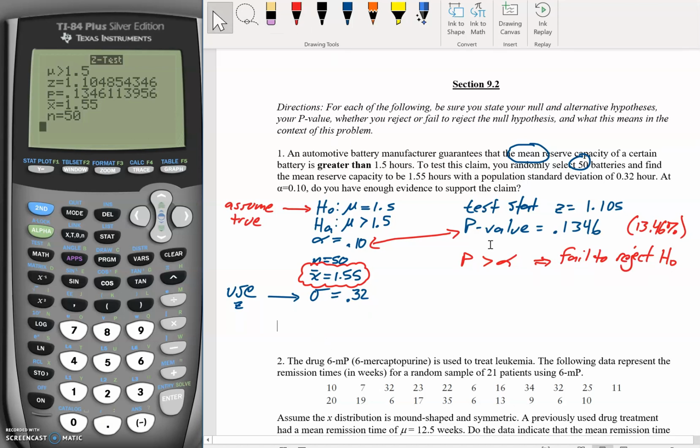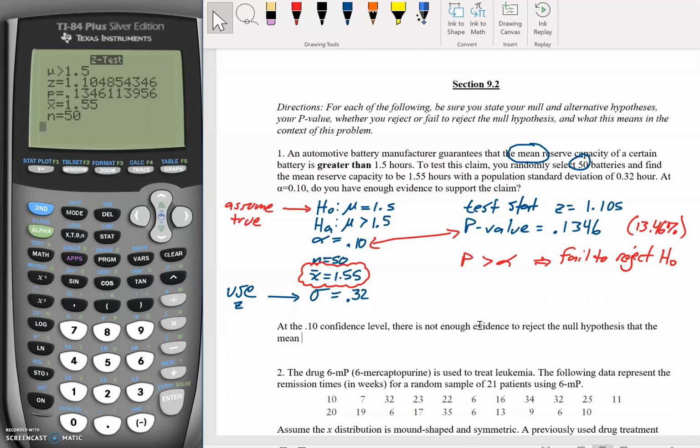So when we're trying to make a conclusion in the context of this problem, we say at the 0.10 level, or confidence level, and maybe I'll throw confidence in there just to be clear, at the 0.10 confidence level, or alpha equals 0.10, or the 10% confidence level, you can kind of play with that a bit. At the 0.10 confidence level, there is not enough evidence to reject the null hypothesis that the mean, and what are we looking at?